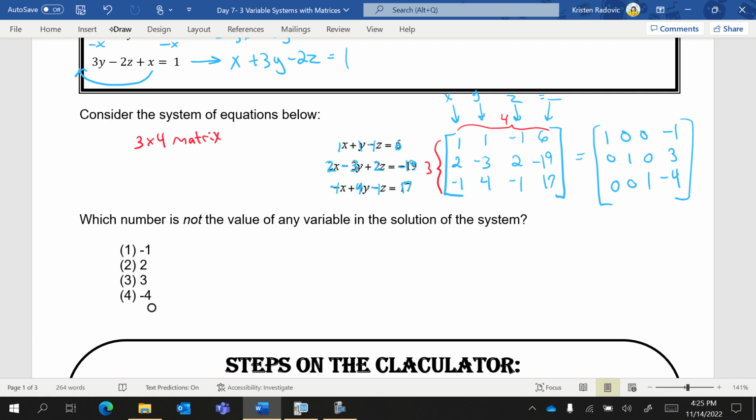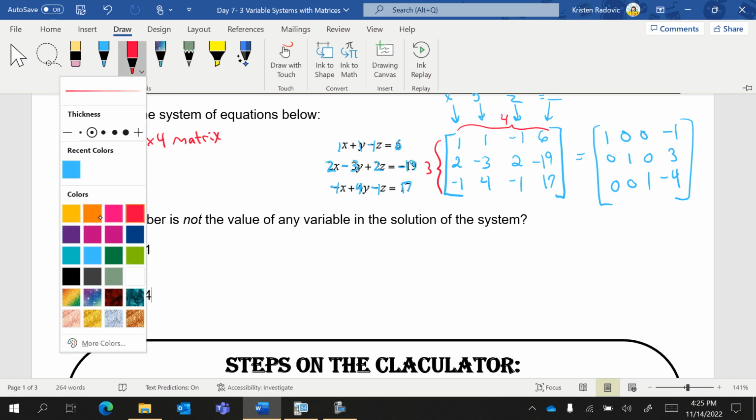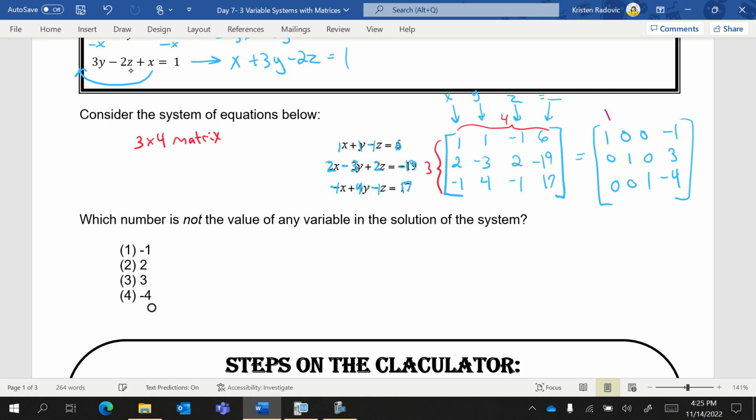So now let's take a look at what this answer from the calculator means. Remember, your first column were X's, your second column was Y, and the third column was Z. This column is now your answers. So this is telling me my first 1 is in the X column, so X is equal to negative 1.